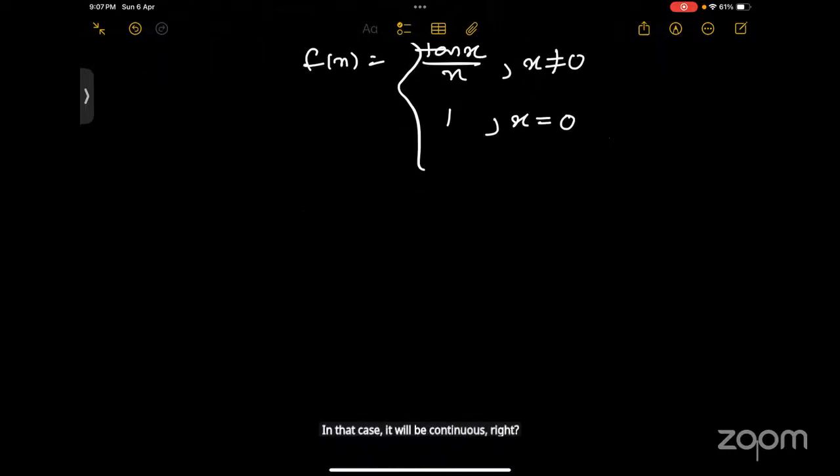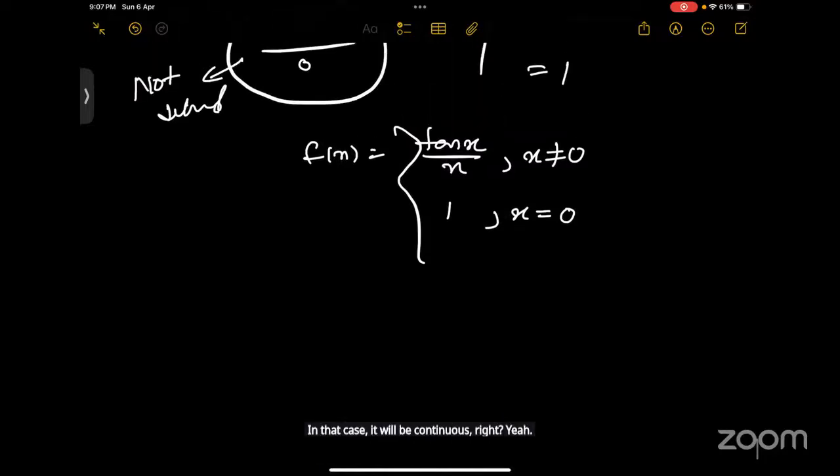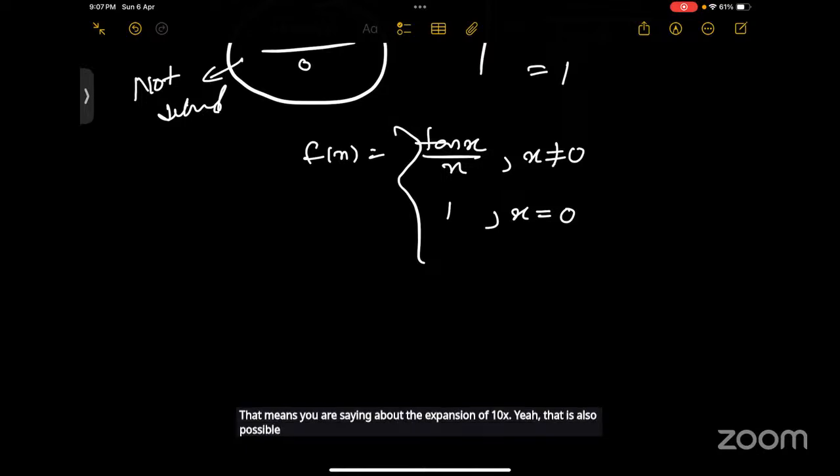Ma'am, we can take the tan x formula: x plus x cube by 3 plus 2x power 5 by 15. Then solve it. That means you are saying about the expansion of tan x. Yeah, that is also a possible way. You can also solve it in that way.